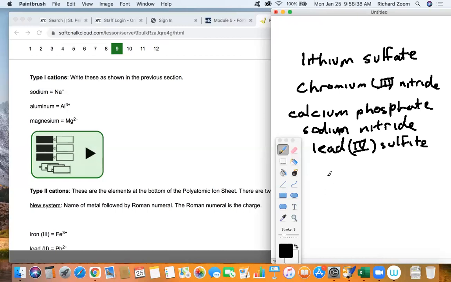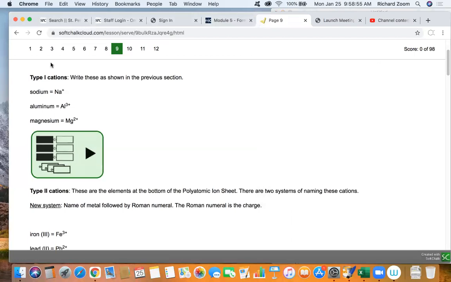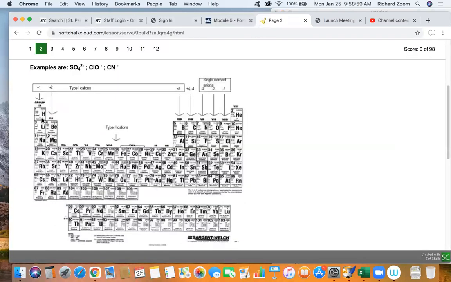Looking at the first one, I'll just do these in order. We've got lithium sulfate. What we do is we say lithium is 1 plus, and SO4 is 2 minus. The reason we know that lithium is 1 plus is, go back to the periodic table, and lithium is in group 1.